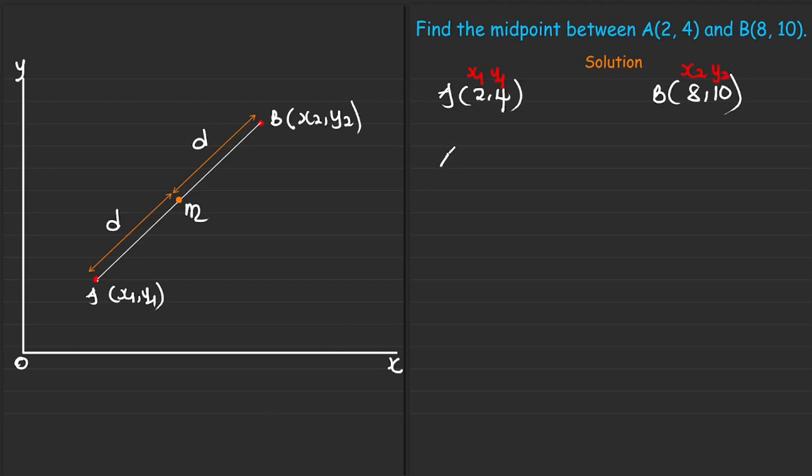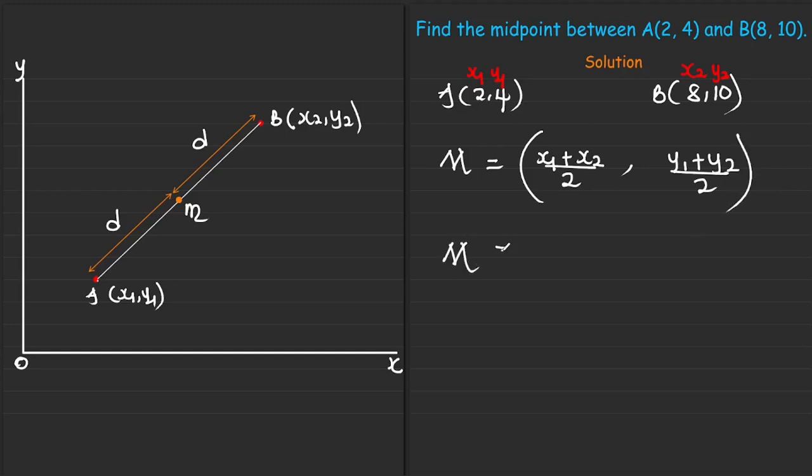We want the midpoint. And we know the midpoint's coordinate is given by the average of the x's, so x1 plus x2, then we divide by 2, and then the average of the y's. That alone is the coordinate of the midpoint.